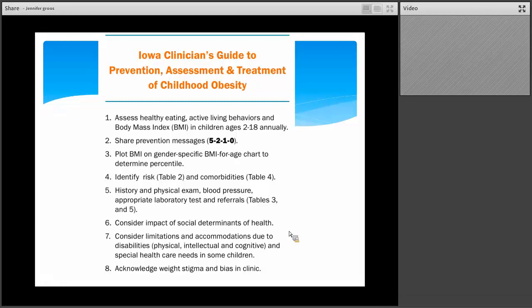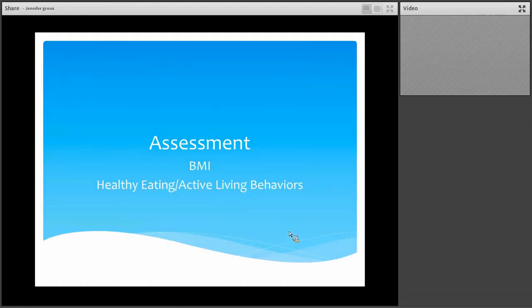Additionally, it's important that we think about the impact of social determinants of health, as well as limitations and accommodations that may need to be made due to any disabilities the children we're taking care of have, be they physical, intellectual, or cognitive. And then also addressing that special healthcare needs in some children may impact their ability to work towards their goals.